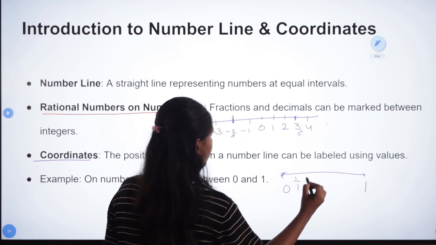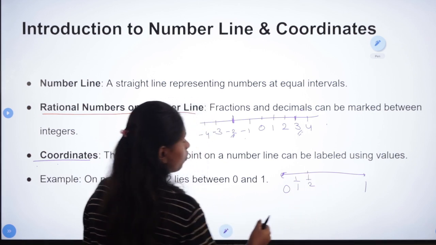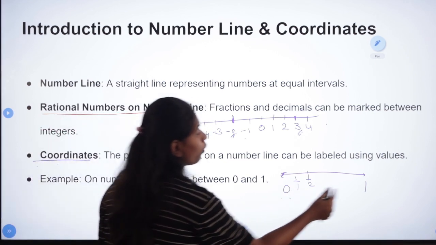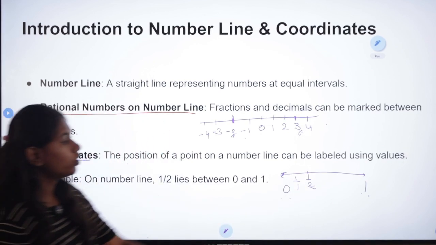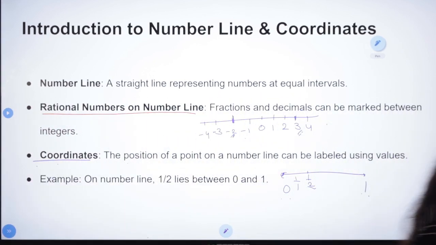Like this, 1 by 1, 1 by 2. In between 0 and 1, the number lies here, on the second place. These numbers are known as the rational numbers on the number line.